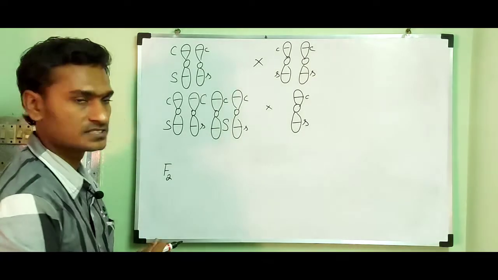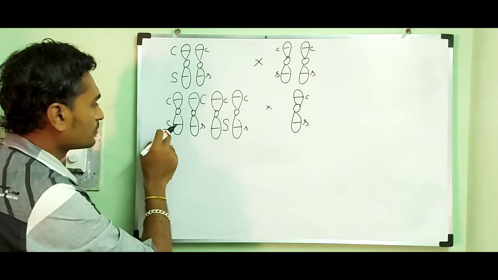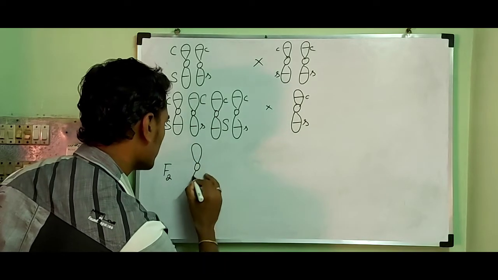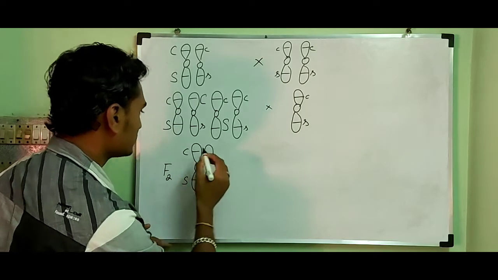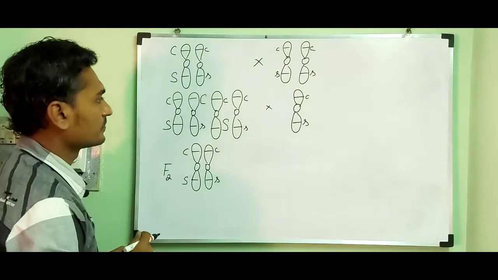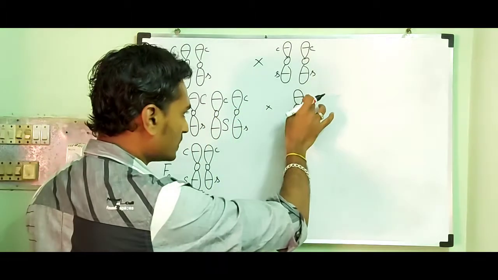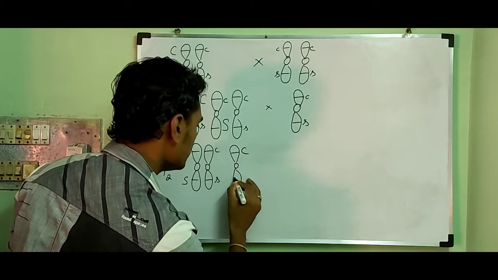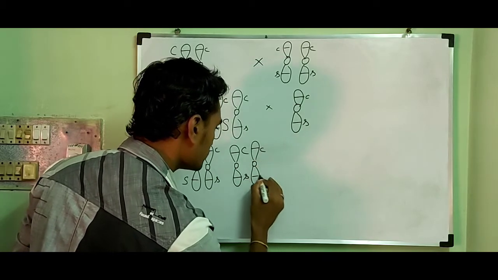So in the F2 generation, the individuals show the genotypes capital C, capital S crossed with small c, small s. Then capital C, small s crossed with small c, small s.